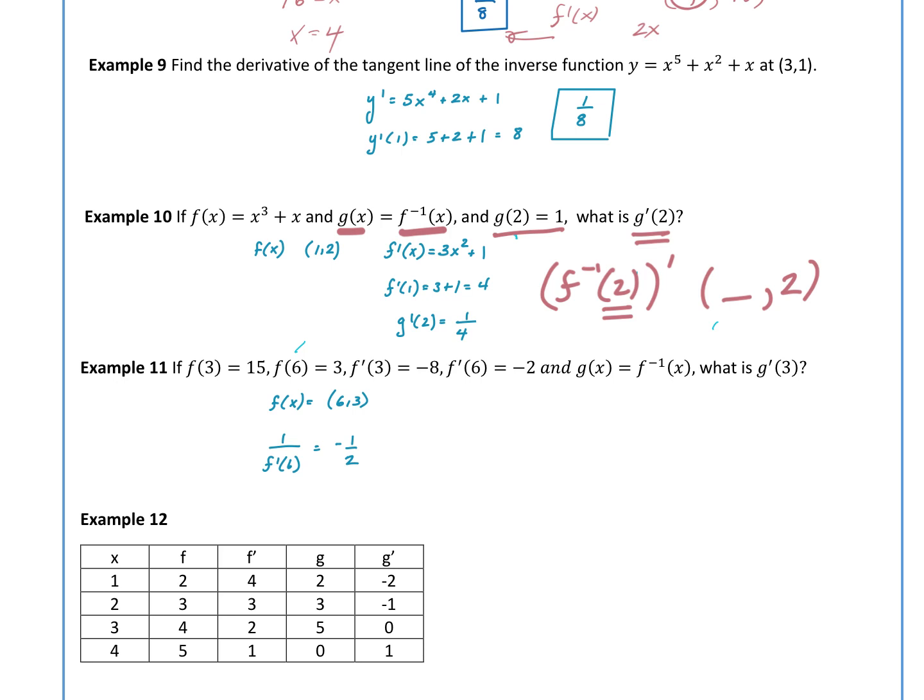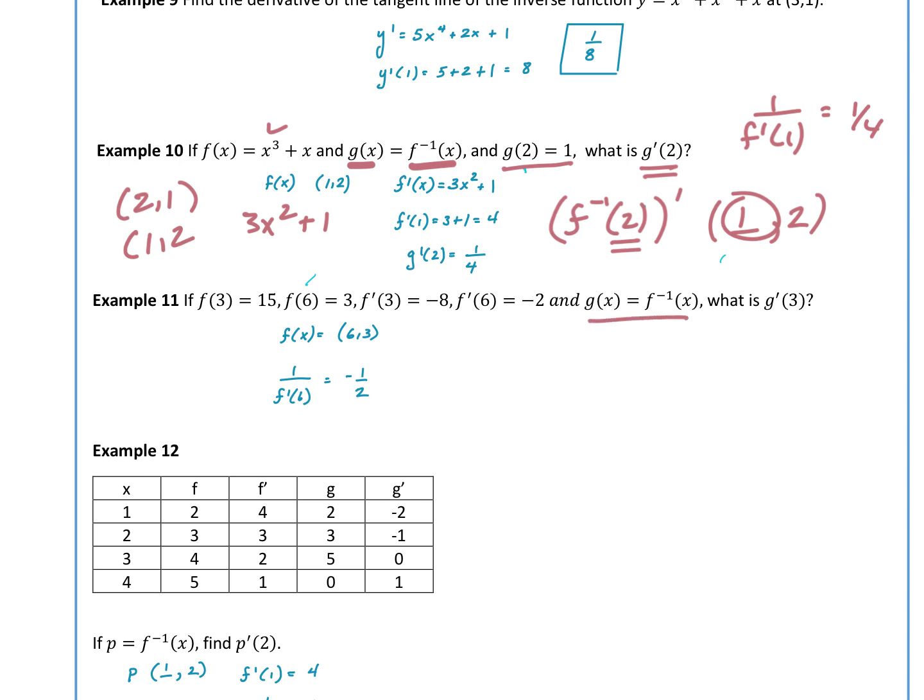For the inverse function, it's 2, 1, which tells me for the original function, it's 1, 2. That's the $1 million number. That's the one that you need to find. Okay, so it's 1 over f prime of 1. You can derive this to get 3x squared plus 1, and then plug in here, and you would get 1 over 4. Okay, so hopefully you're catching on here.